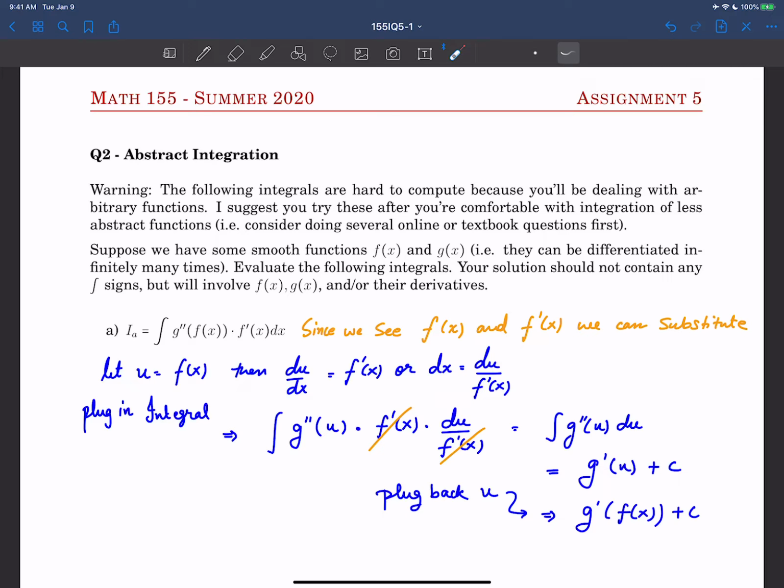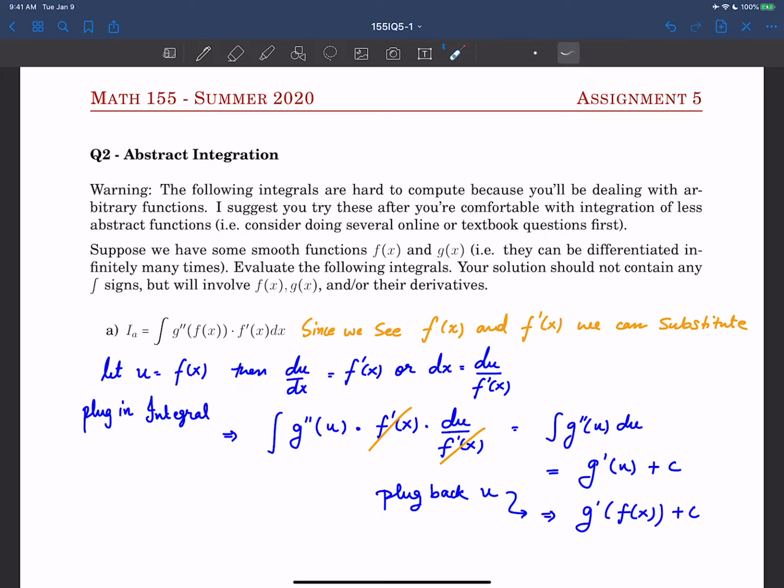So this here is the very fundamental way of approaching the questions that could be solved using substitution. The reason you do that is that when you substitute this to be something simpler, then you can take the integral very easily. Let's say instead of having g of f of x, you just had g double prime of x. Then the integral of g double prime is just g prime, right?